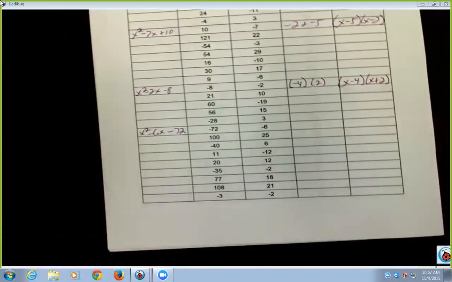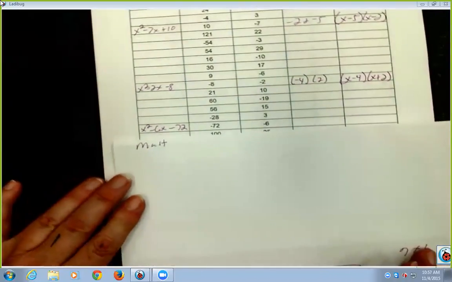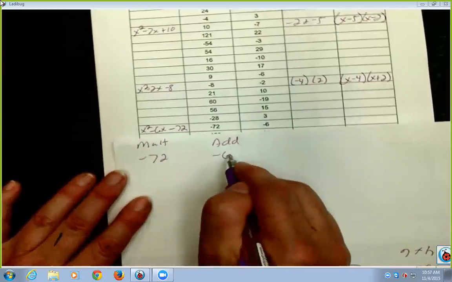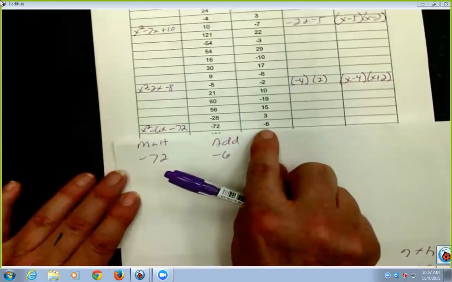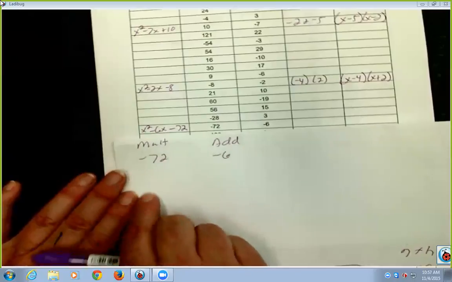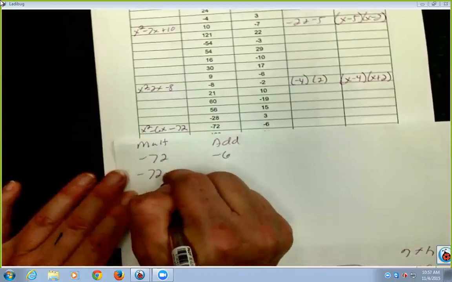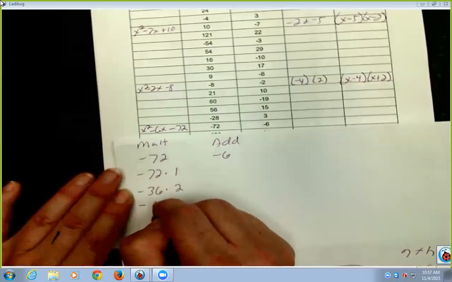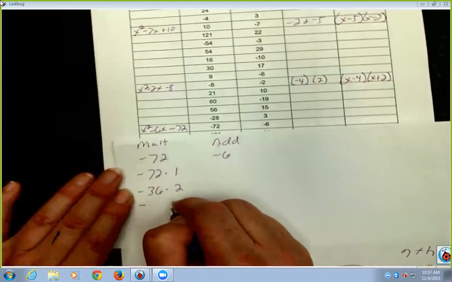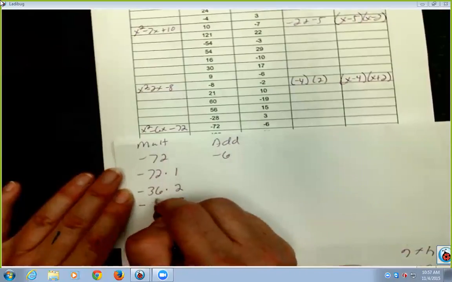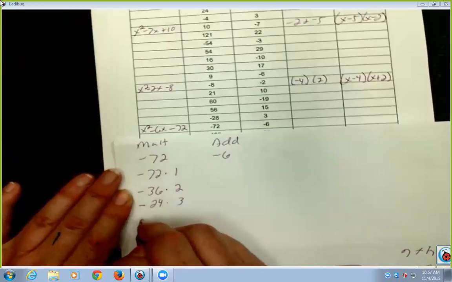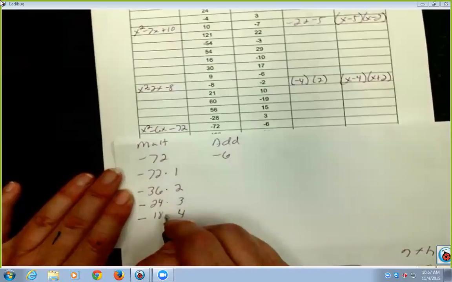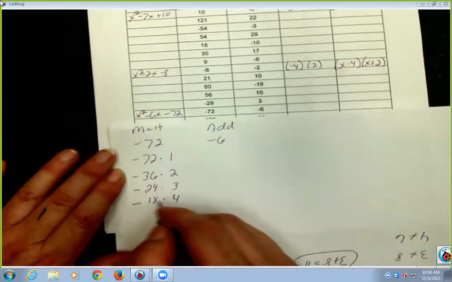So if this is negative in the center, that means my negative factor needs to be bigger. 72's got lots of different factors to it.